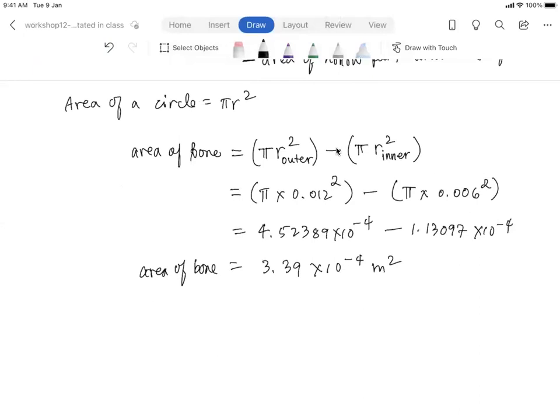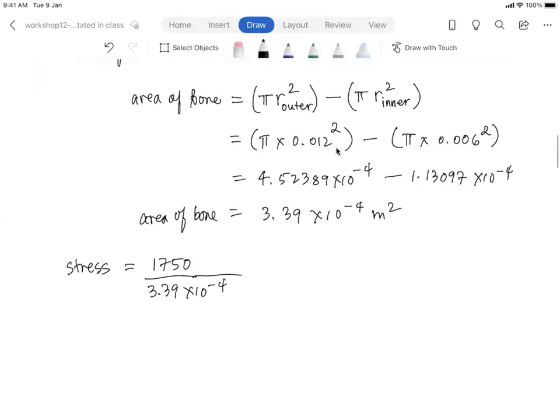Then you can solve for the stress, which is equal to the force, 1,750 newtons, divided by the cross-sectional area, 3.39 times 10 to the minus 4, giving you a stress of 5.2 times 10 to the 6 pascals.